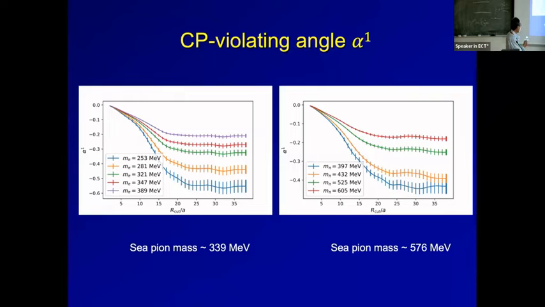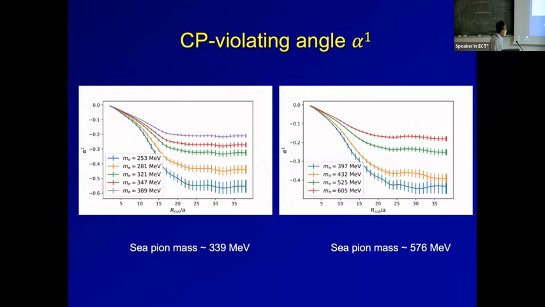As you lower the valence mass, the alpha becomes more and more negative, which is really surprising, because you expect that when the quark mass approaches 0, in a unitary setting, alpha should go to 0. But this goes in the opposite direction.